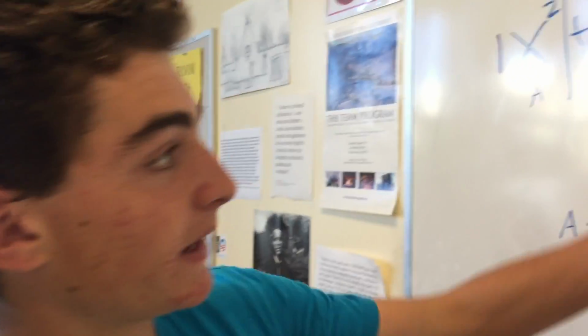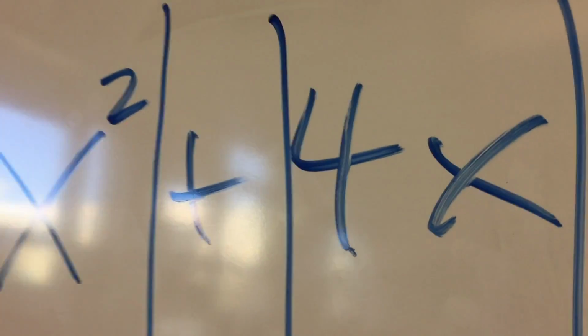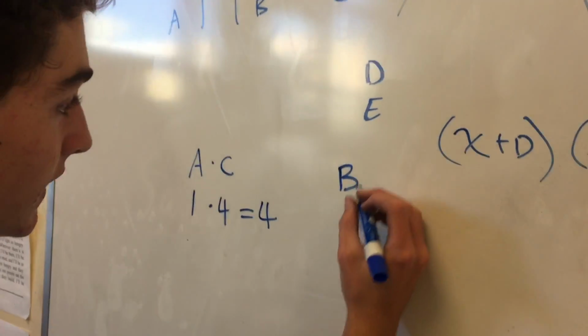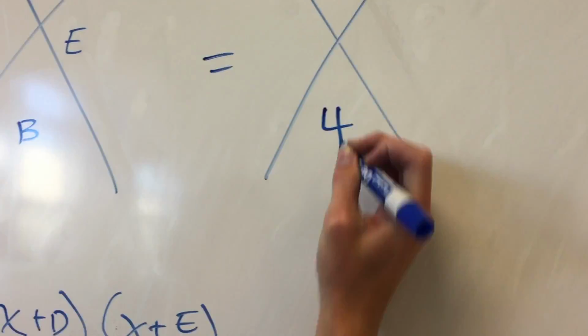Next step is to figure out B. Now B is 4x. There are 1, 2, 3, 4 x's in this problem. So B equals, I'll give you a few seconds to figure it out. It's 4. Once again. Now, to find D and E, this is where things get tricky.